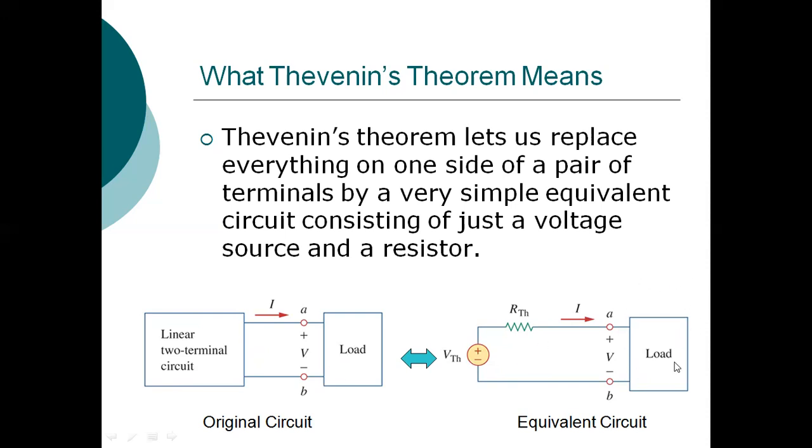This load you can vary from time to time, and the network consisting of VTH and RTH represents the complicated network. So this is your original circuit, and according to Thevenin, this is your equivalent circuit.